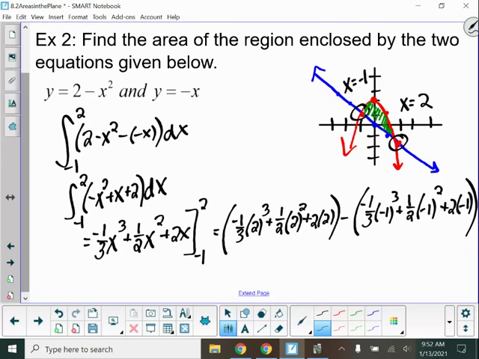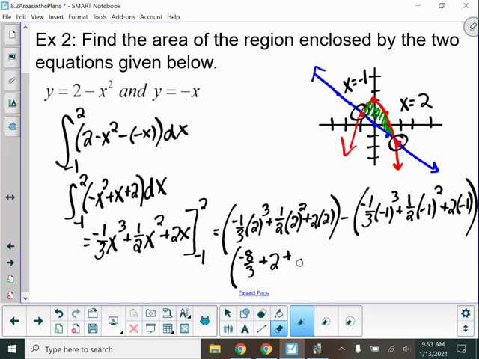And then you have to go through and do the algebra on this. So 2 cubed is 8 times -1/3, that's -8/3. 2 squared is 4 times 1/2 is 2. And then 2 times 2 gives us 4.